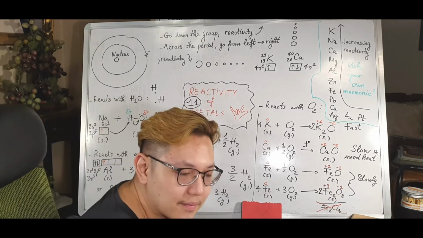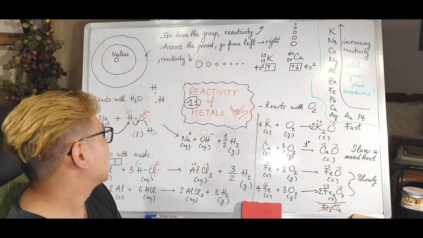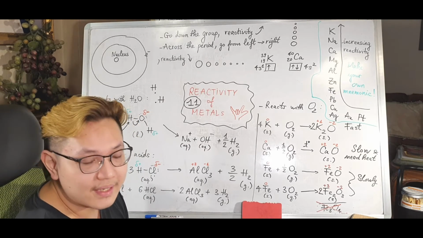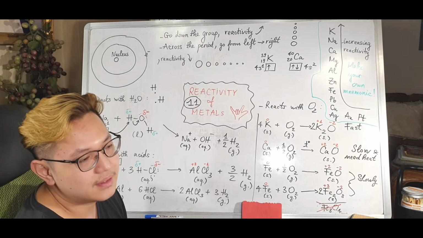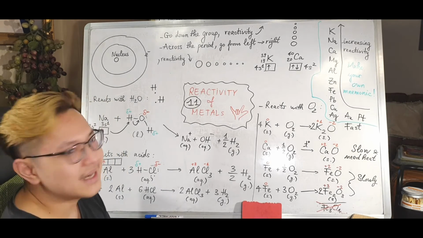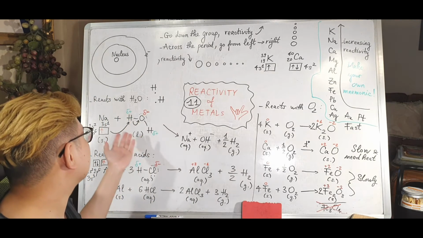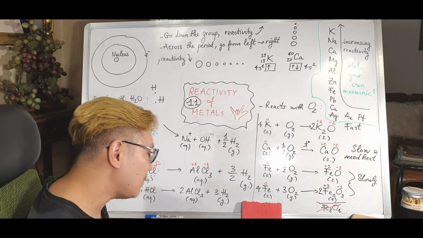What is the reason here? The reason is very simple. Water is a very weak substance that dissociates into ions. Like if you have 10 million water molecules, maybe you have one H+ and one OH-.